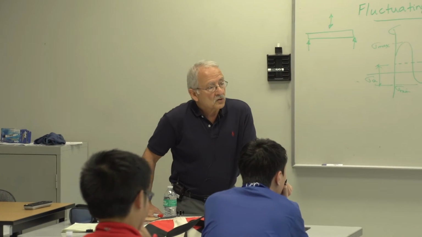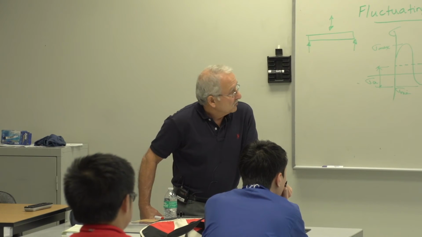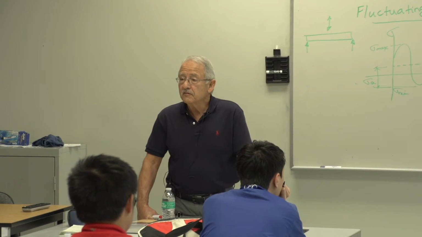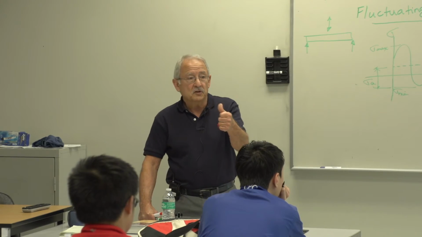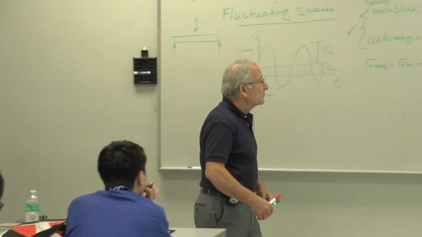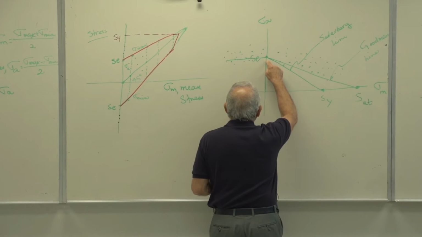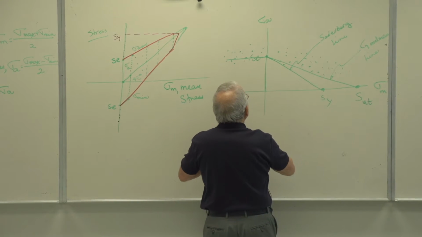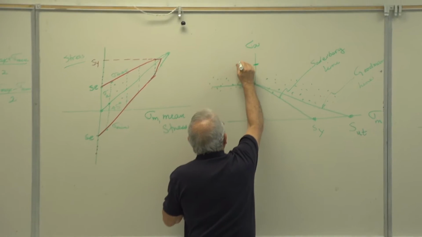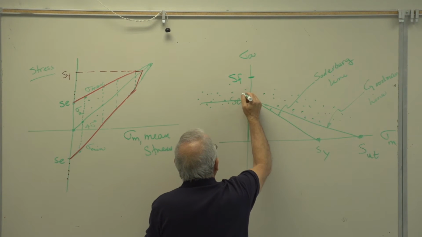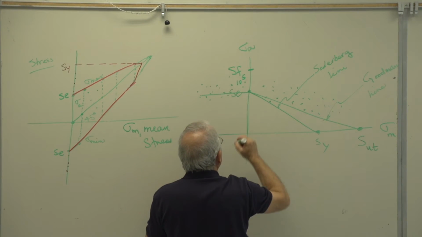Okay. We also said that if we want to draw this, not for a life of 10 to the 6, but for a life of 10 to the 5, 10 to the 4, whatever, that instead of SE, we will use SF, for example, at 10 to the 5, right?